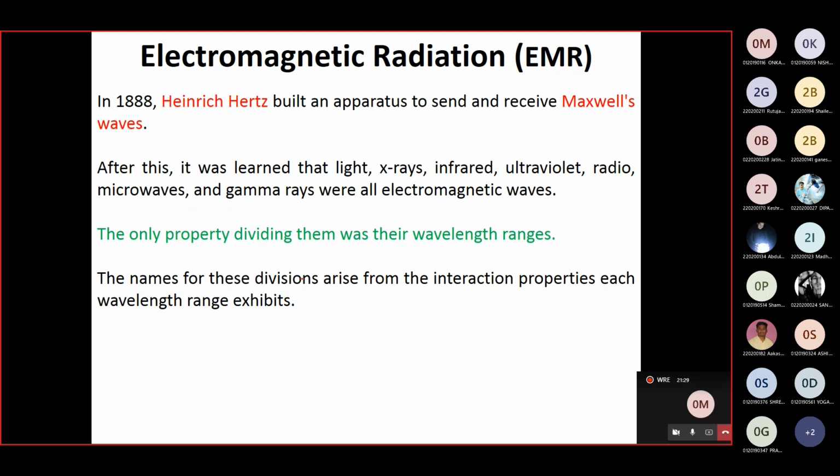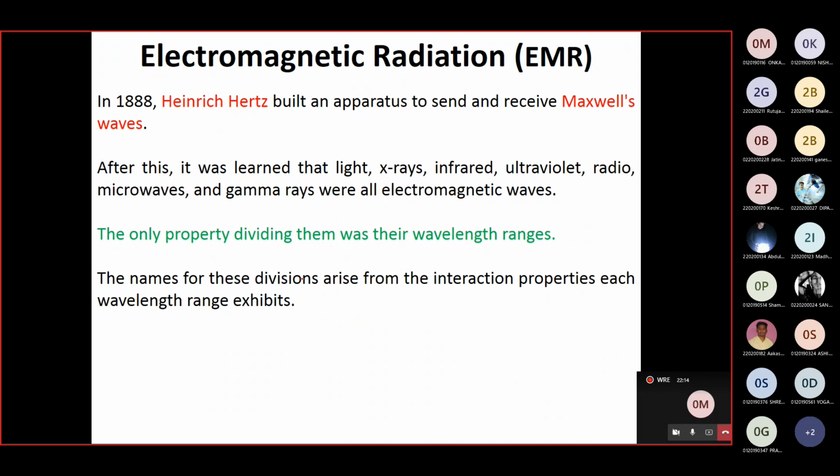When this experiment, based on Maxwell's purely theoretical discussion of electromagnetic waves, was considered successful, we learned that there are various lights or waves that are part of the electromagnetic waves. These are X-rays, infrared or ultraviolet rays, radio waves, microwaves, and gamma rays. These are all components of the electromagnetic waves.